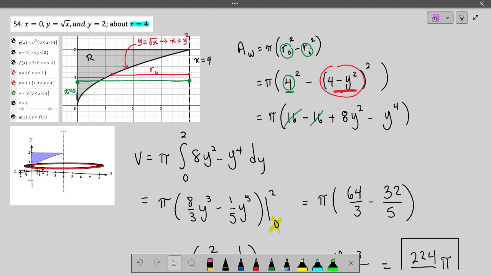And one of the pieces that's funny about this washer thing is that you're measuring these distances that aren't in the region, right? This R sub I is not in the region. Whereas when we're doing the disk method, everything is inside the region.